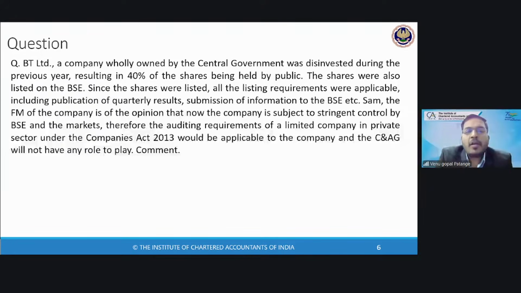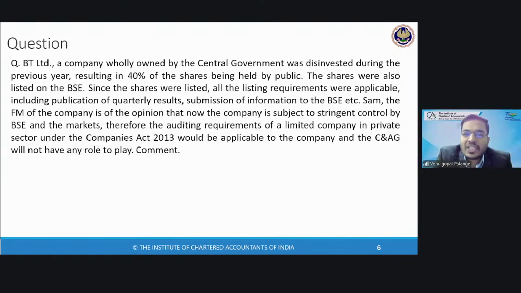Perfect. Can you answer me how much percentage is still owned by central government? 60%, because disinvestment is 40%. Correct. See, here we need to look carefully. What is under the purview of C&AG, what is not? Under the purview of C&AG, it is 51% or more. In the question, previously it was 100%; wholly owned means 100%.